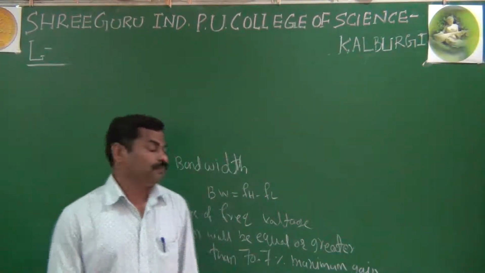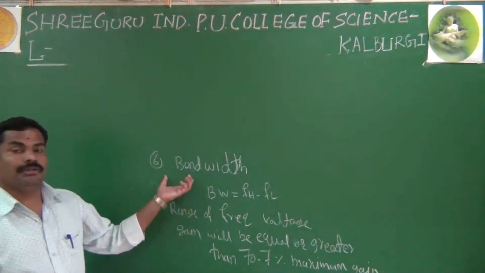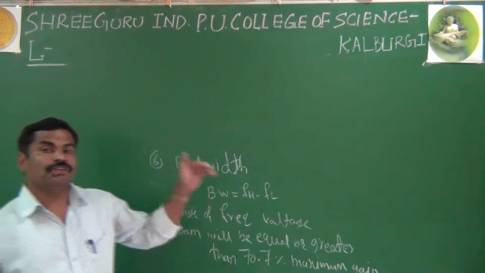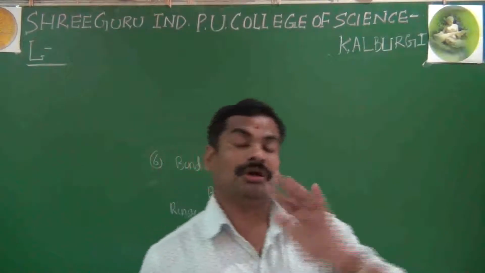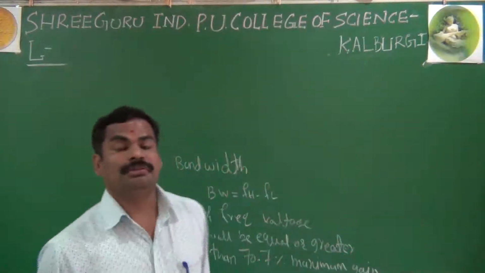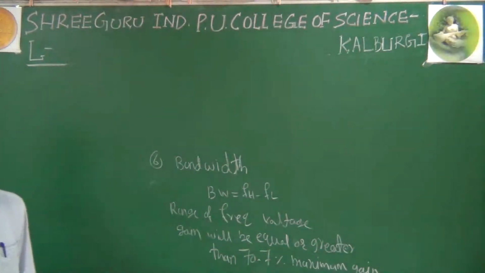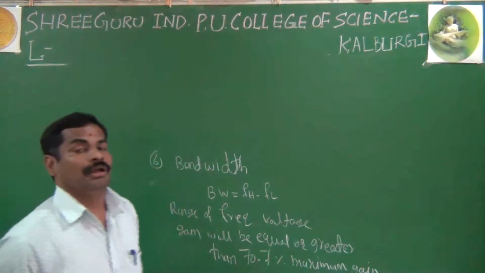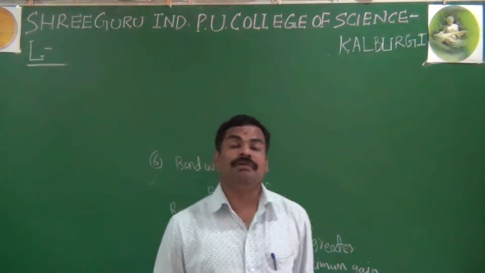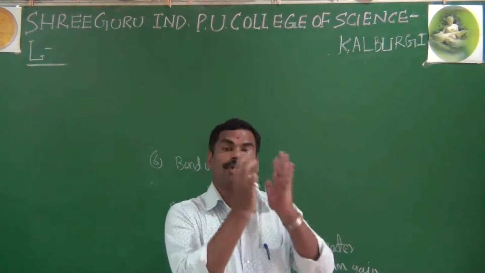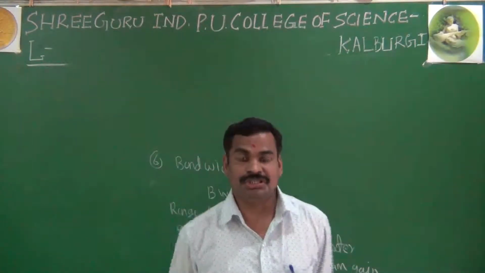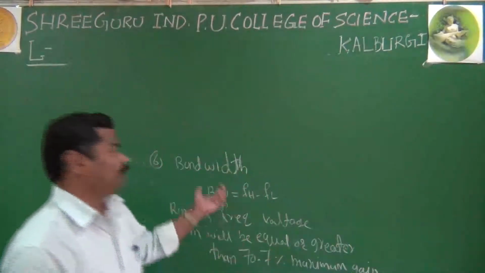Once again, the bandwidth is the range of frequency up to which the gain is constant, or the range of frequencies the amplifier will effectively amplify. How much frequency range your amplifier will amplify the signals, that range is given by your bandwidth.